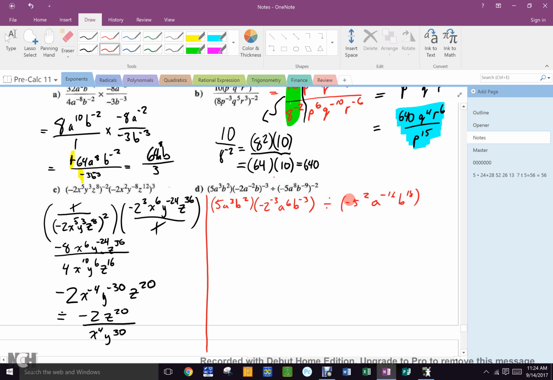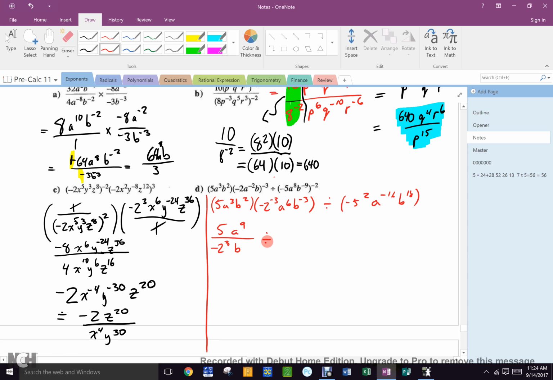Okay, we're back, guys. So tidy this up. I've got 5, and negative 2 to the negative 3 is going to go down here to be negative 2 to the positive 3. 3 plus 6 is a to the 9th. 2 minus 3 is b to the negative 1, so I'm going to put the b down there.